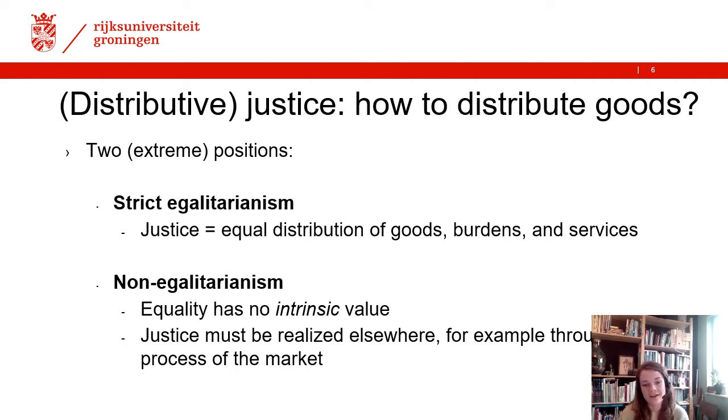Non-egalitarianists, on the other hand, propose that justice is a product of a free market, right? A market where there is no coercion, there is no pressure, and people can freely conduct their businesses. And if they do so, then the outcome is actually a just distribution. This perspective we're also going to discuss in a couple of minutes in more detail.